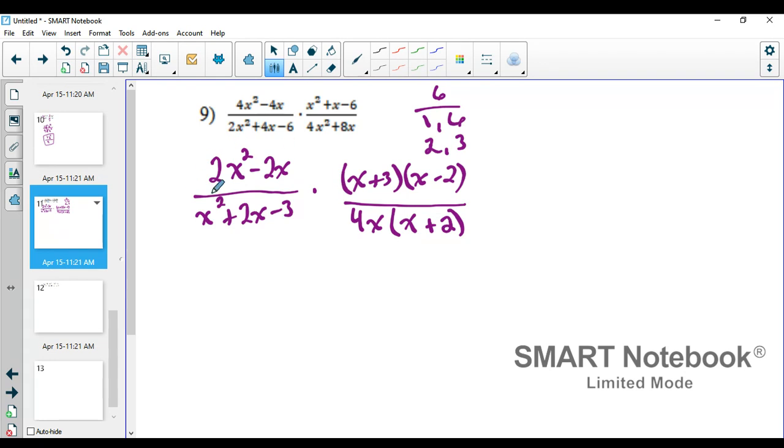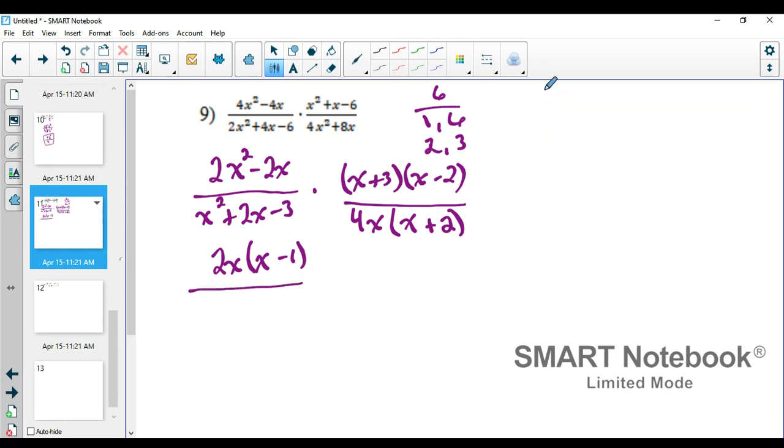Now we're going to come over here and simplify the fraction that we just wrote over here. So we have 2x squared minus 2x. Okay, so they have a common factor of 2 and x. So 2x squared divided by 2x is x. 2x divided by 2x is 1, so we have minus 1.